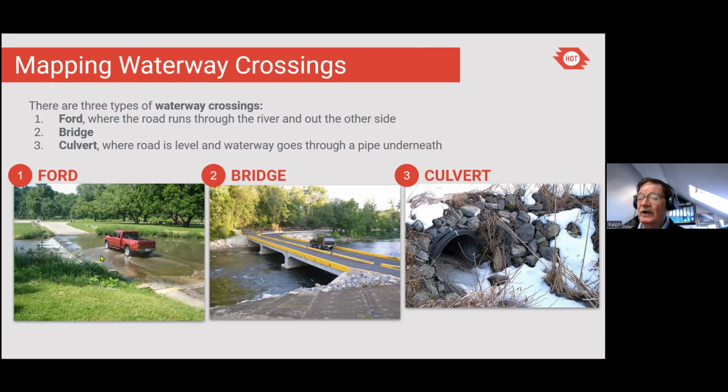The third one is a ford. That is where the river and the road are at the same level. And quite often it's on dry riverbeds or streams where you can cross over. It doesn't get too deep and you don't have to worry. In this example that we have here on the left, there is a concrete causeway there, which gives a very firm base for you to cross over the waterway.